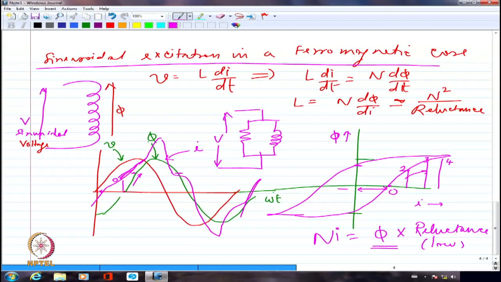So the overall load current will be, if I say that it's 100%, I'm going to say that the magnetizing current will be only about 2% or 3%. Nothing more than that. That's how it is going to be. Right? Got it? So from the next class onwards, we are formally starting on transformers. Okay?